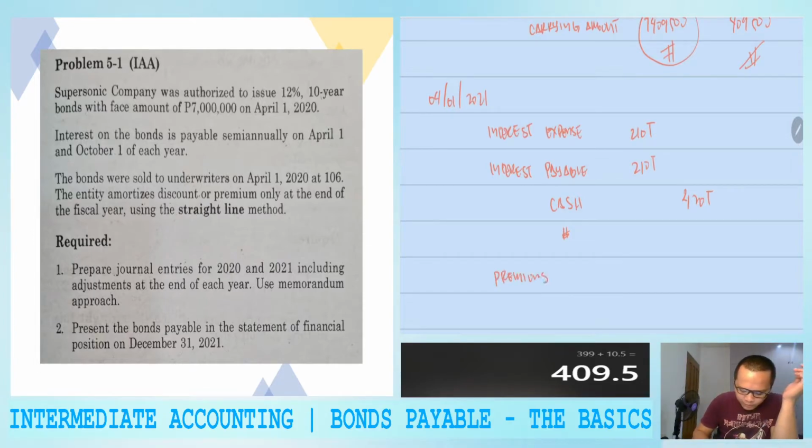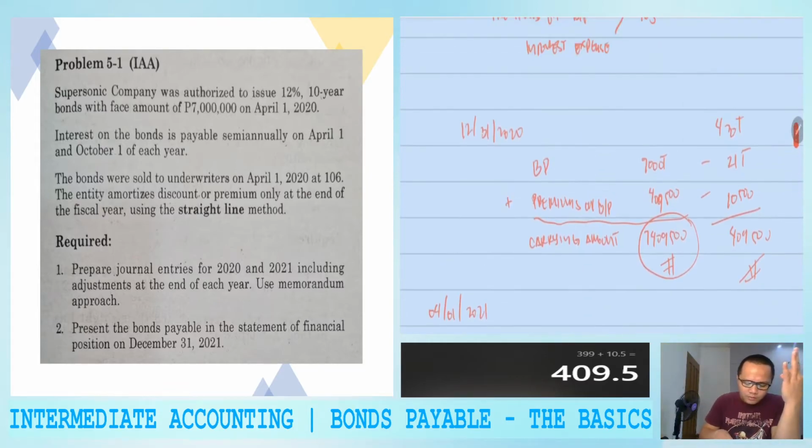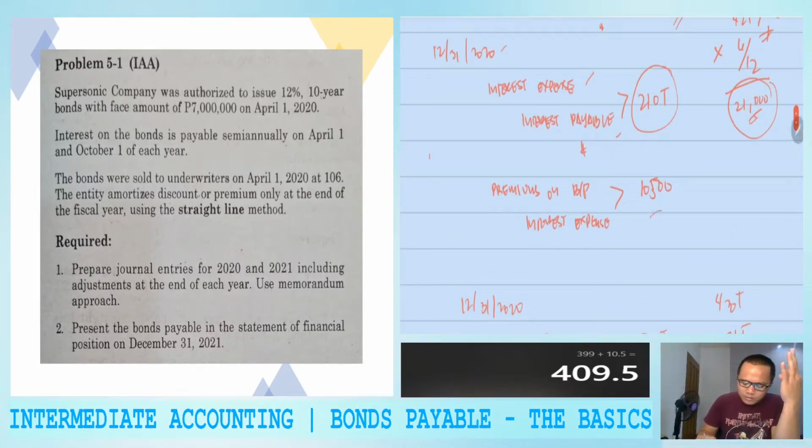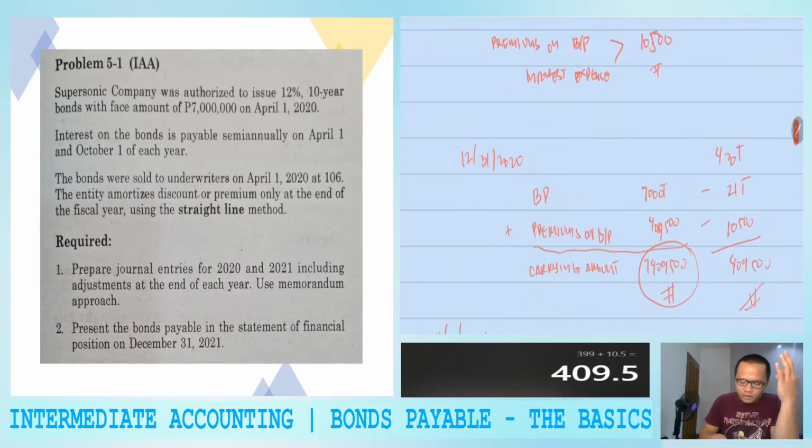Next is your amortization of premiums. Premiums on bonds payable, credit, interest expense. Again, 3 months lang, because we have already recognized the 3 months on December 31.